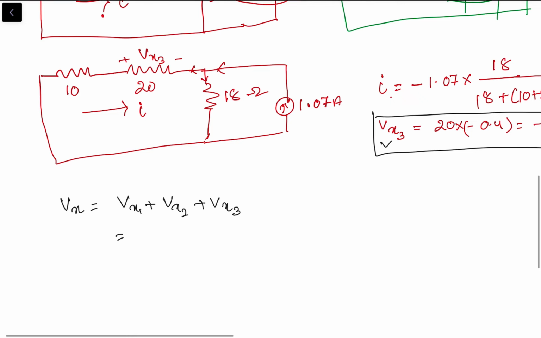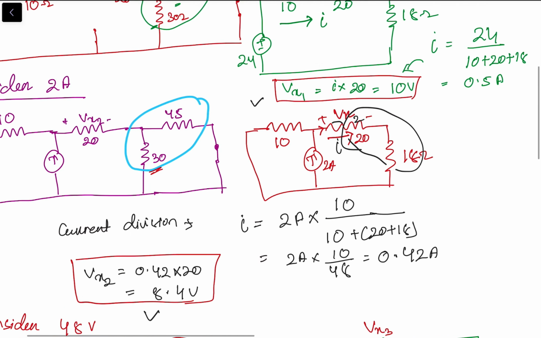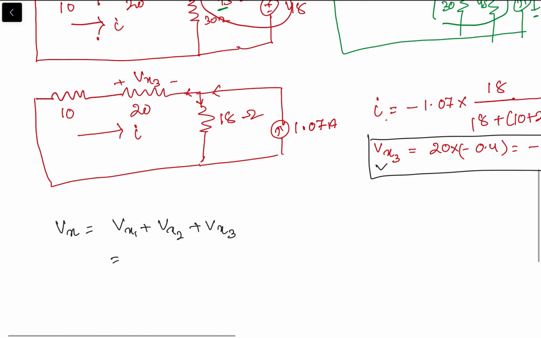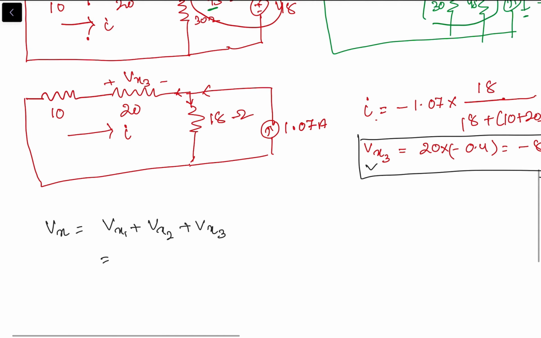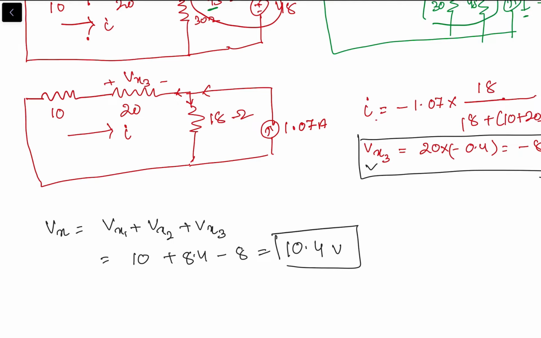Vx1 is 10 volt, then 8.4 volt, and then minus 8 volt. So 10 plus 8.4 minus 8, and this value will be 10.4 volt. So this is the answer for this question.